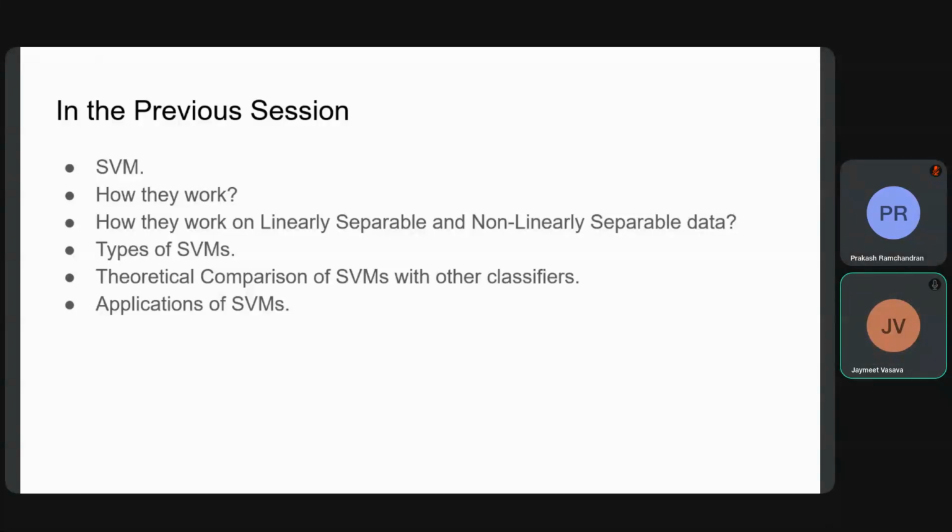Then we theoretically compared SVM execution with other classifiers like neural nets and logistic regression. In the end, we discussed applications of support vector machines in different fields, like text classification for sentiment analysis.